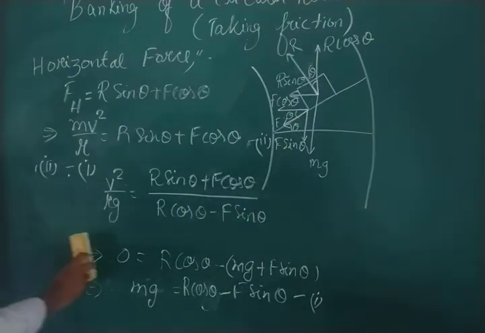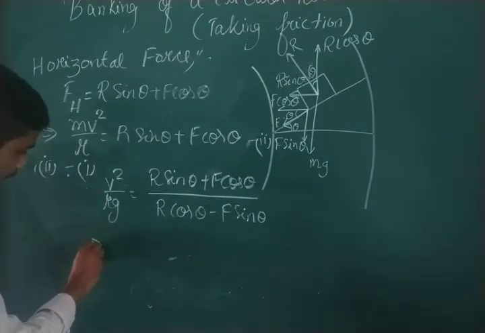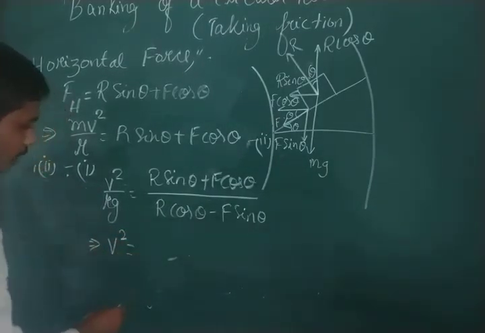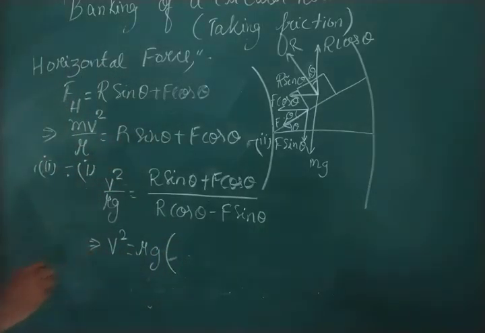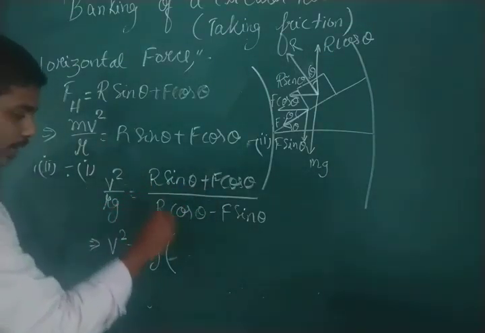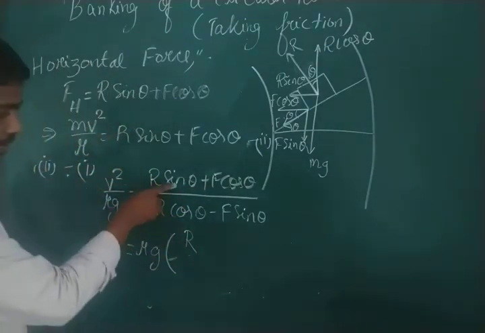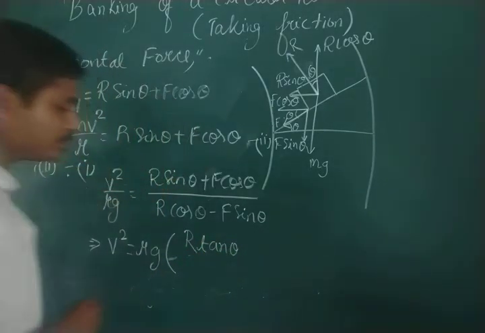Okay, we need to find out the minimum speed required for the banking of the road. We need to find the value of this v. So v square equals, I'll put rg this side, then I'll divide above and below by cos theta. If I divide sin theta by cos theta, it will be tan theta.